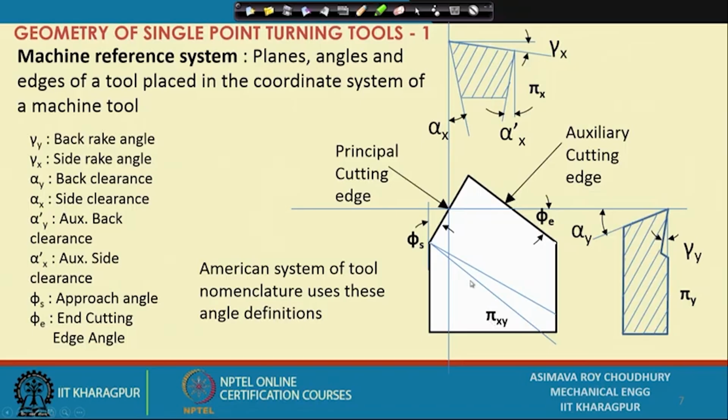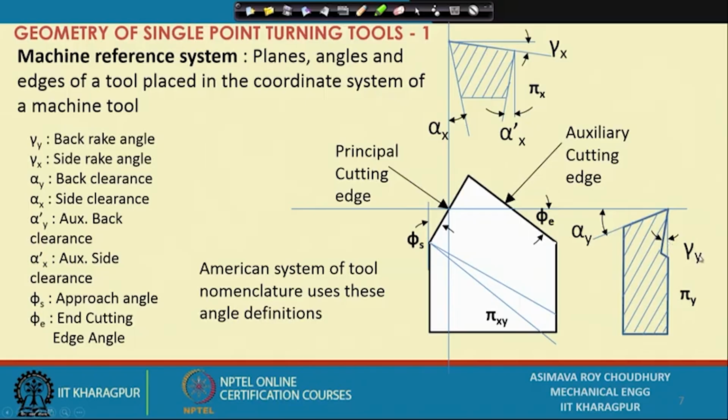So, we will formally define gamma y as back rake, and it is the angle between the rake surface and the reference plane in the machine transverse plane.